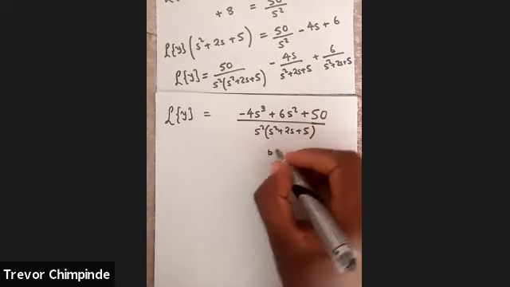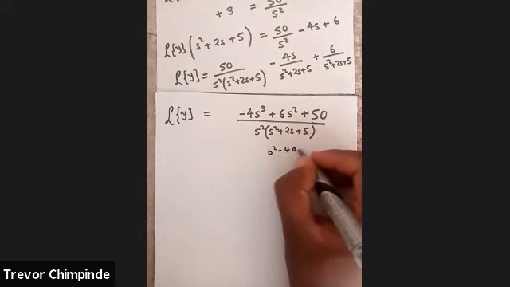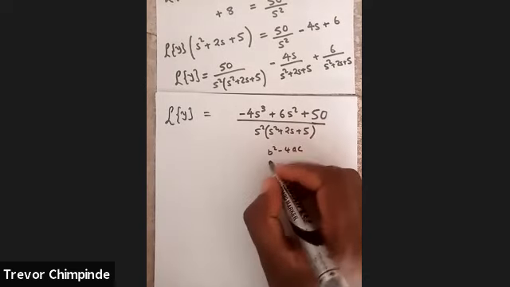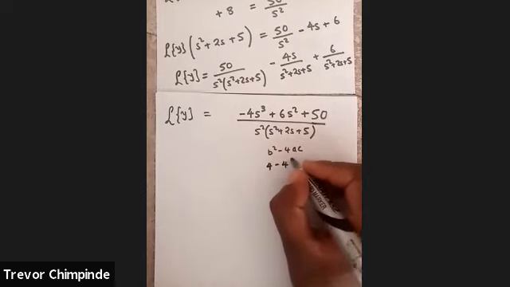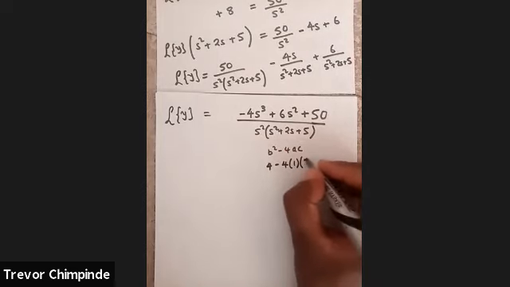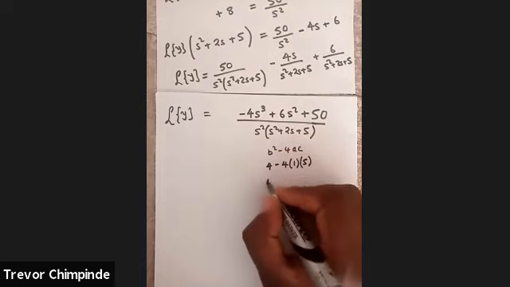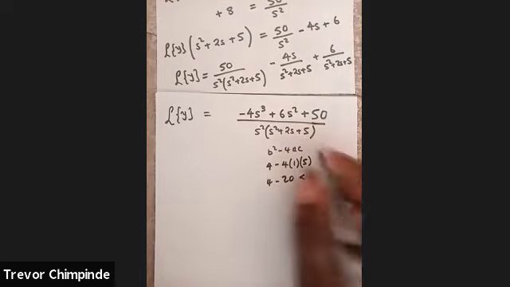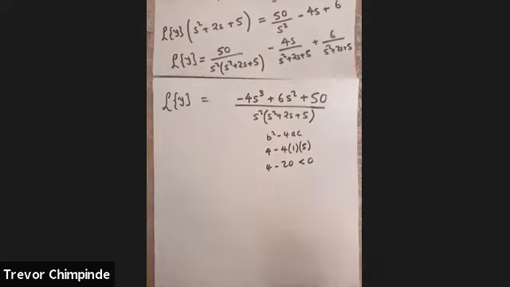So let's check b squared minus 4ac. So b is 2, so 4 minus 4, a is 1, and c is 5. So we get 4 minus 20, which is less than 0. So we can't factorize this.